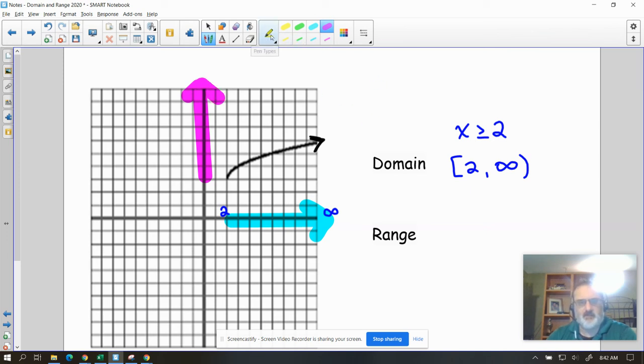So where is that number? You're right, that number is 3. So I'm going to say my y's are greater than or equal to 3. Again, I can use the interval notation, starting with 3 and going to, you guessed it, infinity. So this is 3 to infinity.